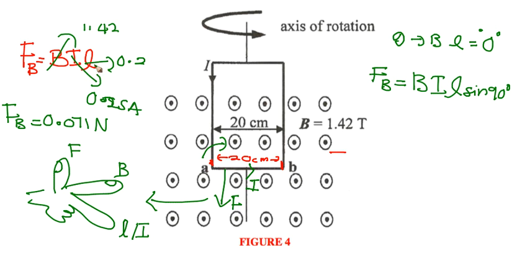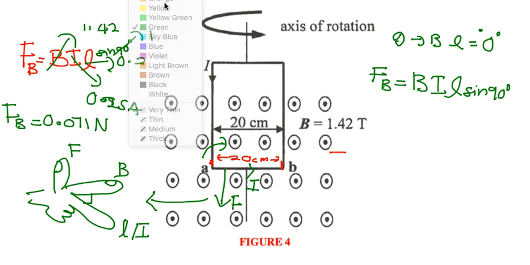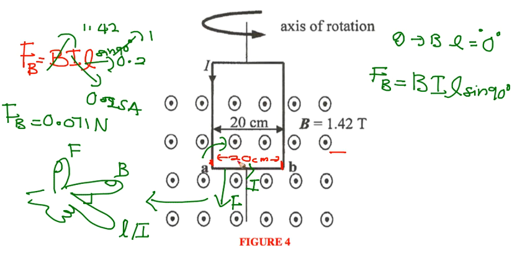For the previous question, sine theta is equal to 1, because sine 90, since the direction of B is out of the page and the direction of L is to the right, so this angle is 90 degrees. Now if AB rotates 90 degrees here, the angle between B and L is equal to 0. So this is sine 0. Sine 0 degrees is equal to 0. So the force F on AB is equal to 0.